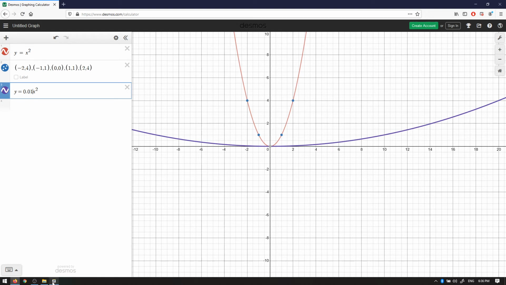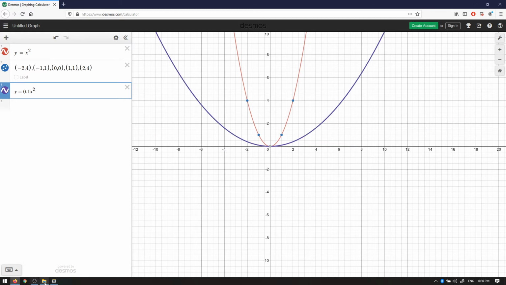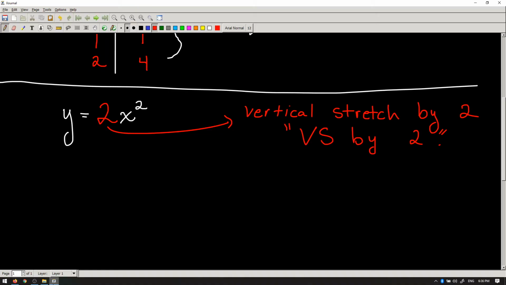That's the rule. So let's bring it back to 0.1 to not be so dramatic about this. So you have an example like this. So you've got y equals, we're going to do this one in blue, 0.5x squared. See, this is not a vertical stretch by 2.